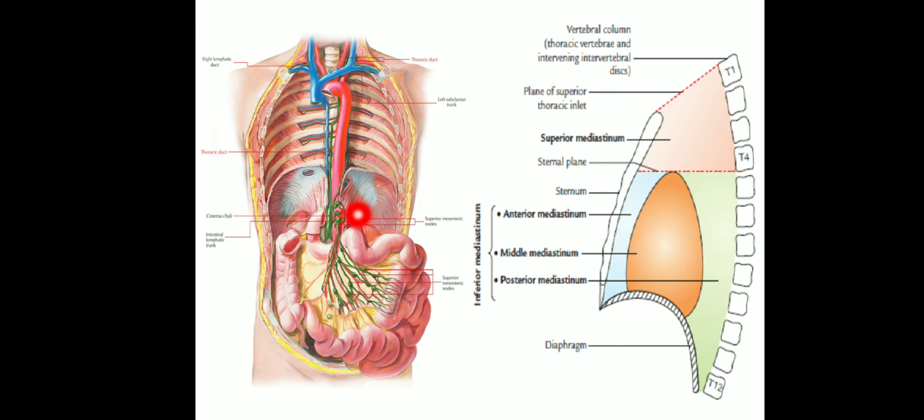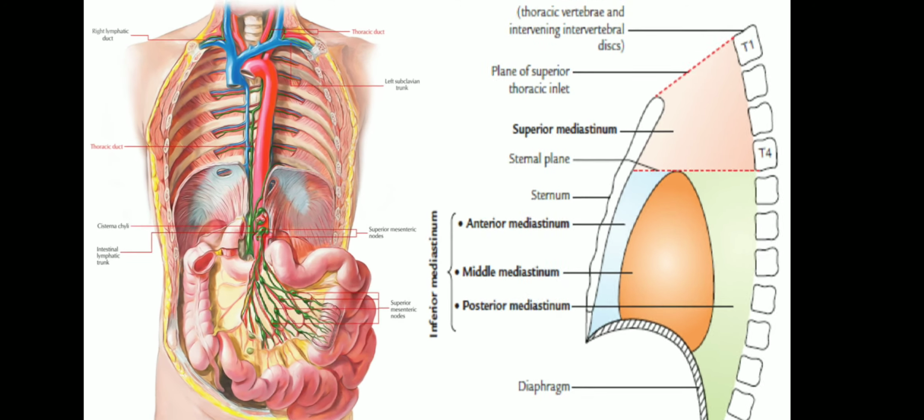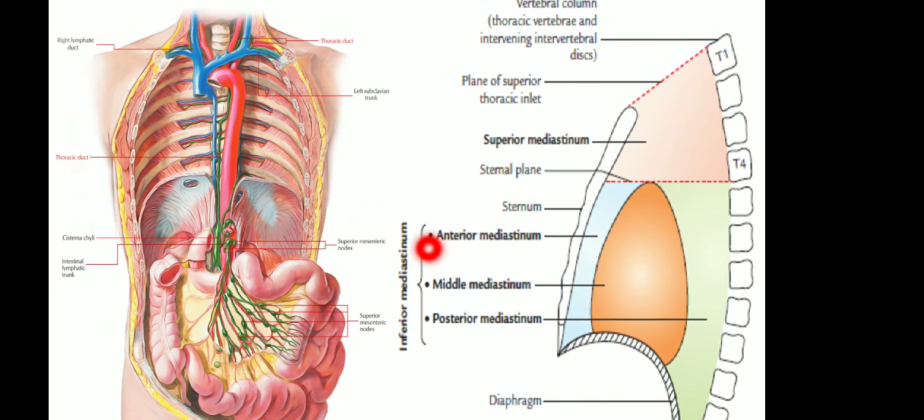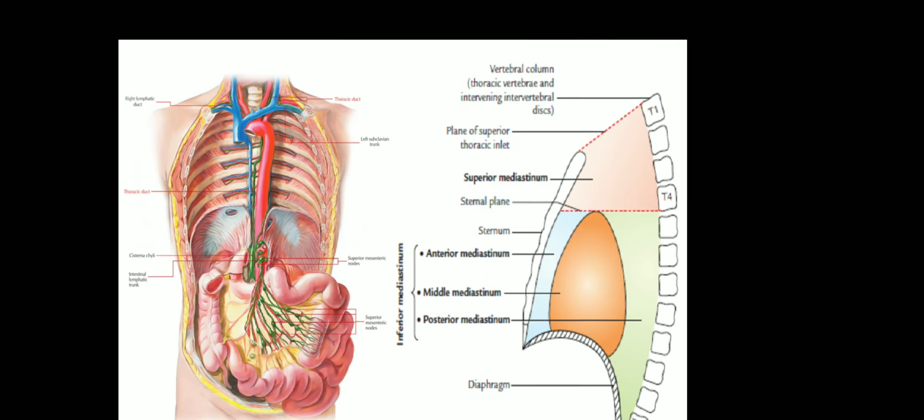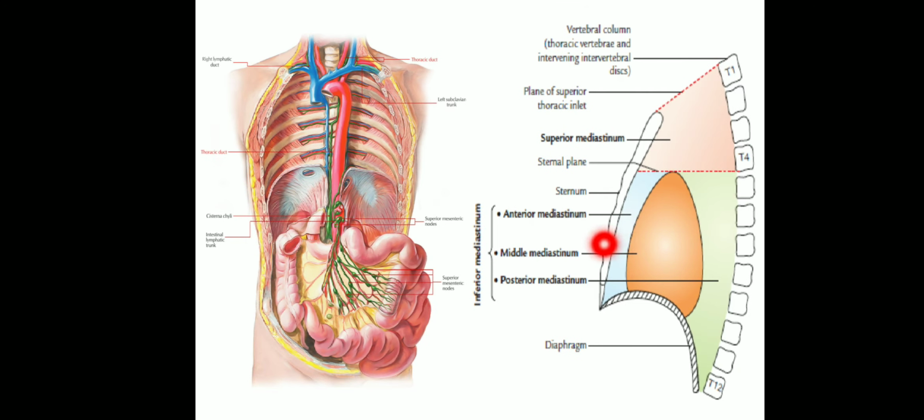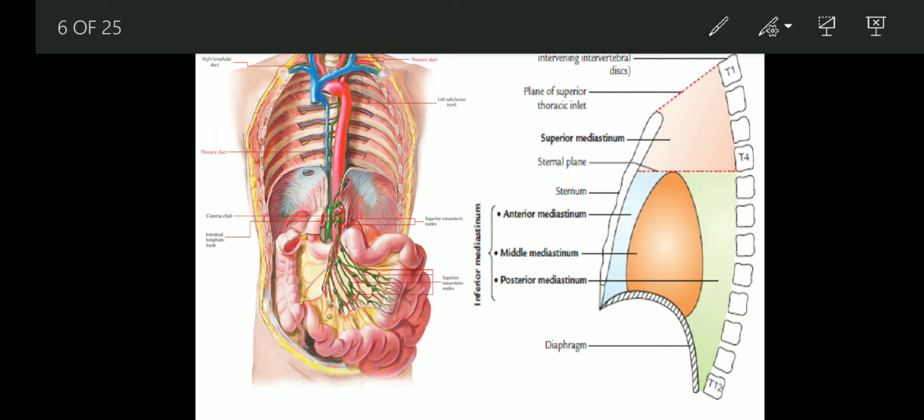In this picture, again this is the sternum, and behind it are the T1 to T12 vertebrae. This is the anterior and posterior wall of the thorax, this is the sagittal section of the thorax, and this is the diaphragm. There is the cisterna chyli, from whose upper end the thoracic duct started, and then it enters the thorax through the aortic opening.